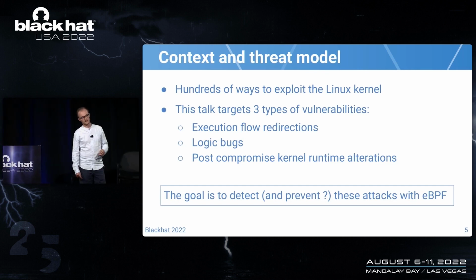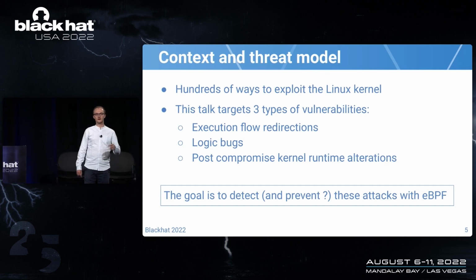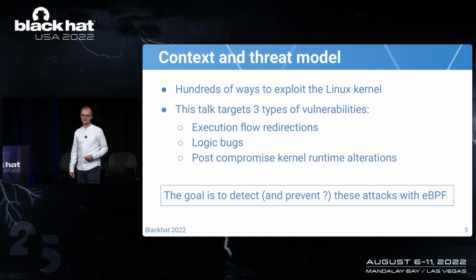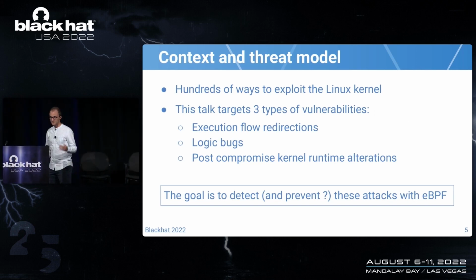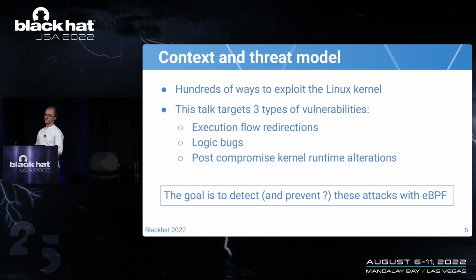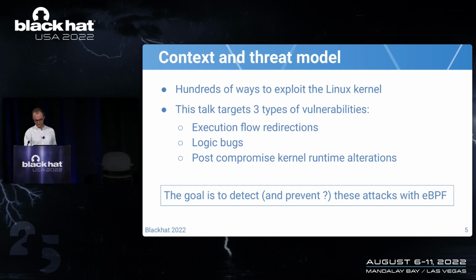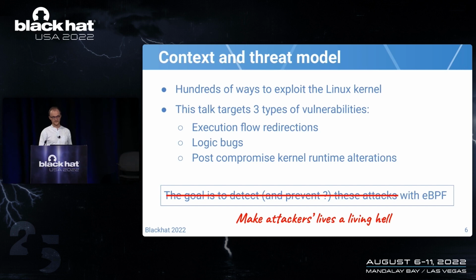Once an attacker successfully exploited your kernel, they are likely to try to alter the kernel so that they can hide their tracks and further compromise the services running on the host. So the goal today is to detect and prevent these attacks with eBPF. Simple enough, right? Well, absolutely not.